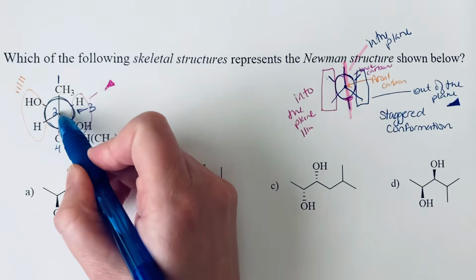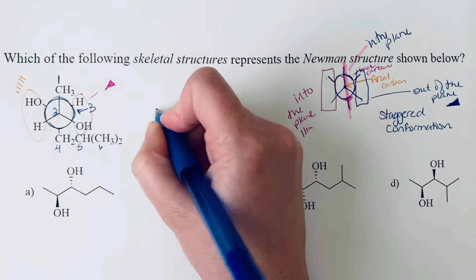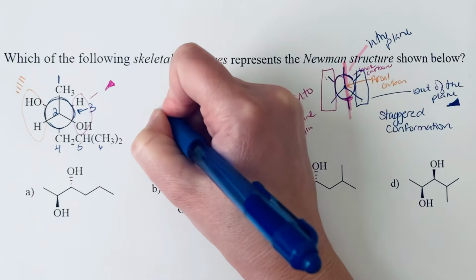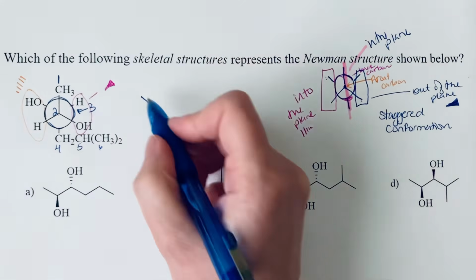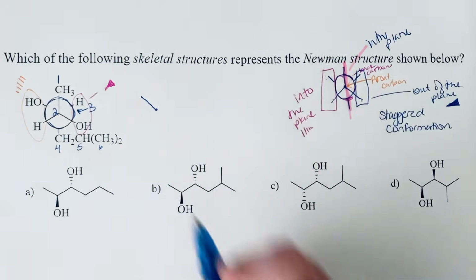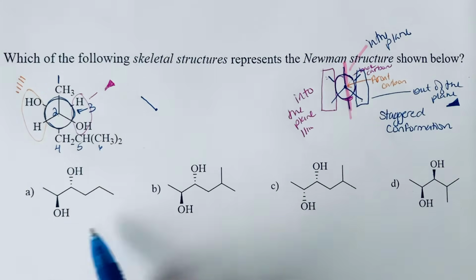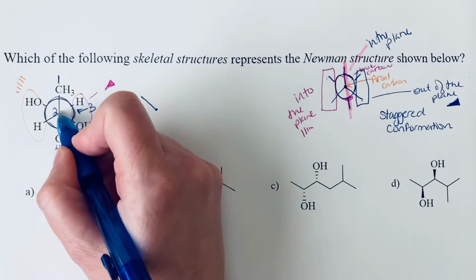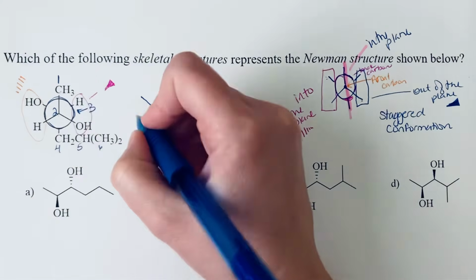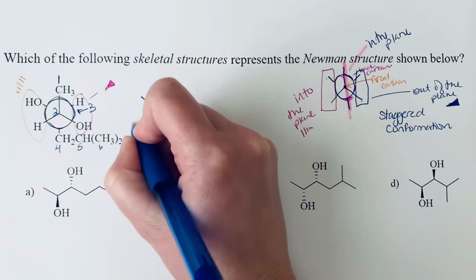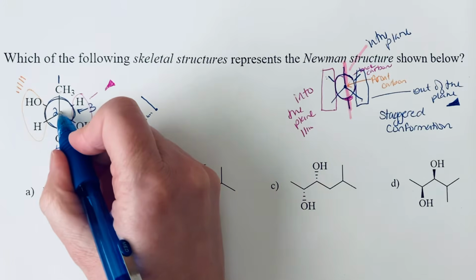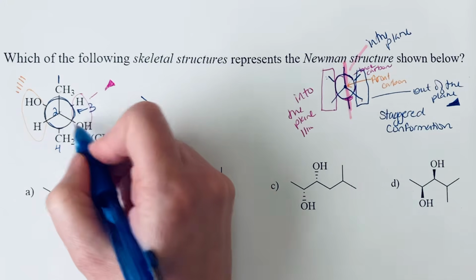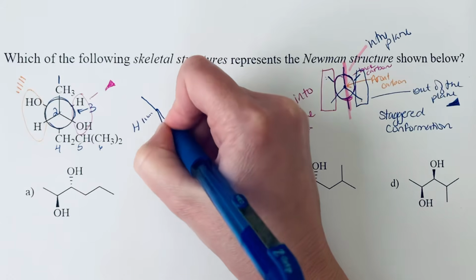On carbon 1, here's carbon 1, we've got a methyl group sticking up. So when we put it in its zigzag, I'm going to put it to the side to match what these structures are. And then I see that I have a hydrogen that's going away from me. And on that same carbon atom, there is an alcohol that is on a wedge, sticking out at us.